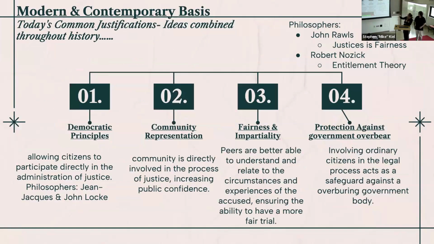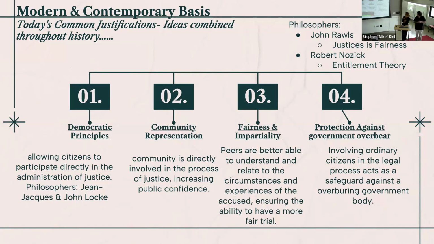So these are the common justifications of the jury system today, based on four principles: democratic principles, community representation, fairness and impartiality, and protection against an overbearing government. We think of these from philosophers such as John Rawls and Robert Nozick, who talk about justice as fairness and the entitlement theory.